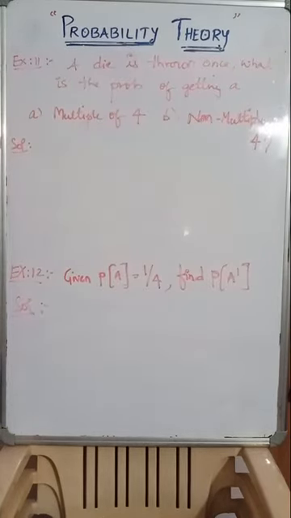Yes, next two questions. A die is thrown once. What is the probability of getting a multiple of 4? And question number 2, a non-multiple of 4. The first thing is getting a multiple of 4 and not getting a multiple of 4. So let us consider two events.